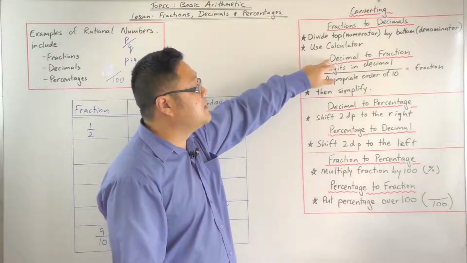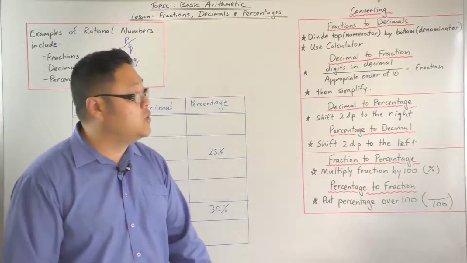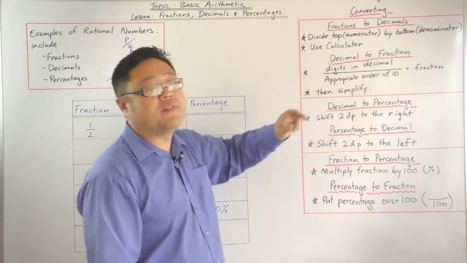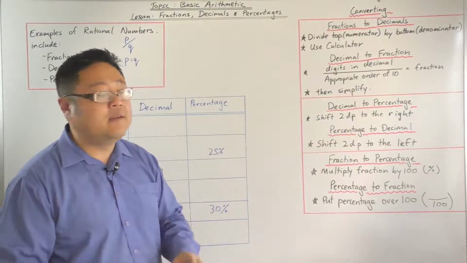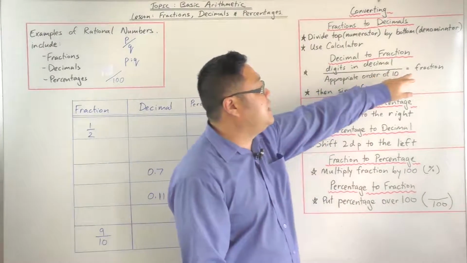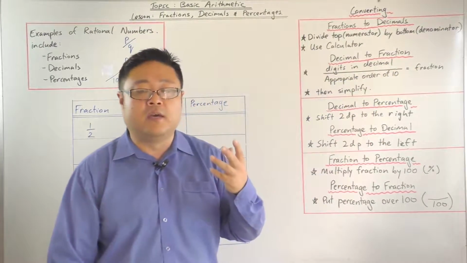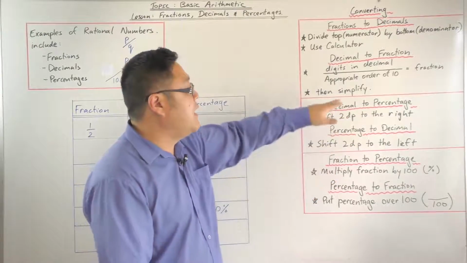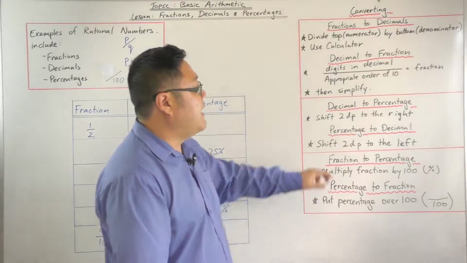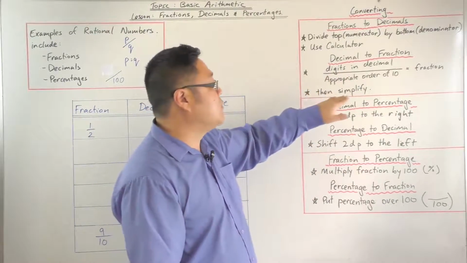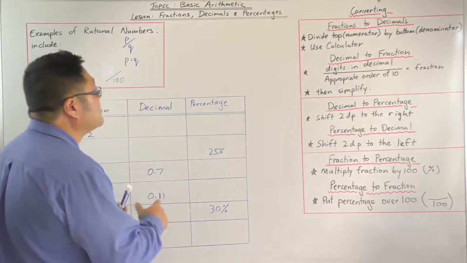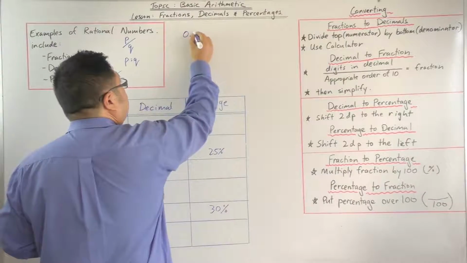You write the digits in the decimal on the top, and then you write the appropriate power of 10 that the decimal goes to on the bottom, and that will give you your fraction. Your top number is the digits in your decimal, and the bottom number is your appropriate power of 10. Sometimes you also need to simplify the fraction. Let me give you an example of what I mean.